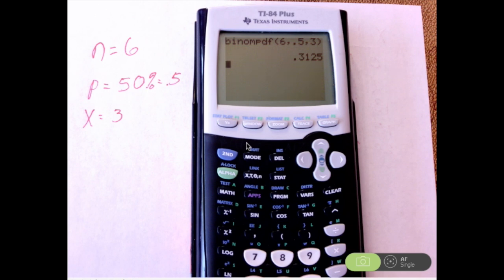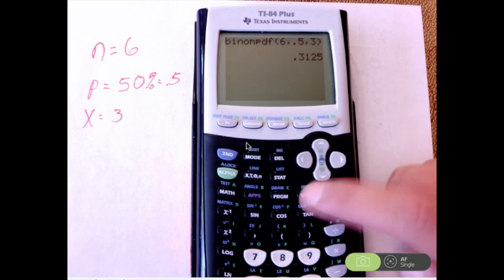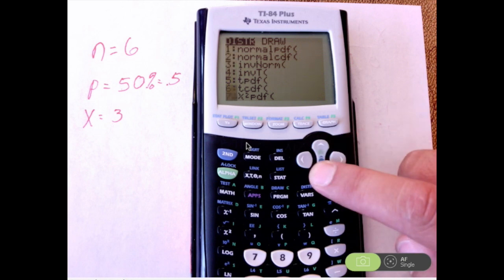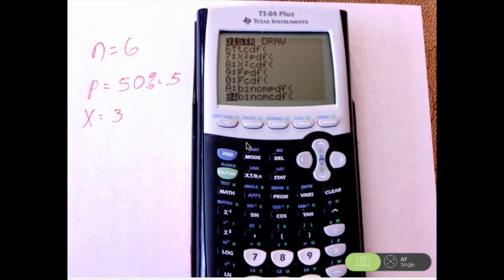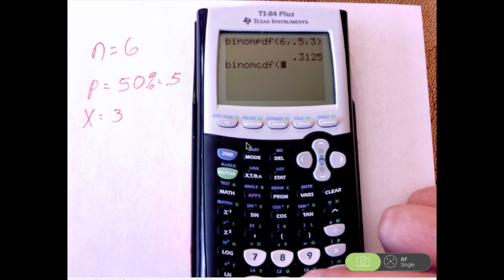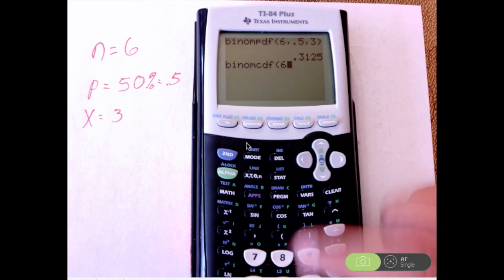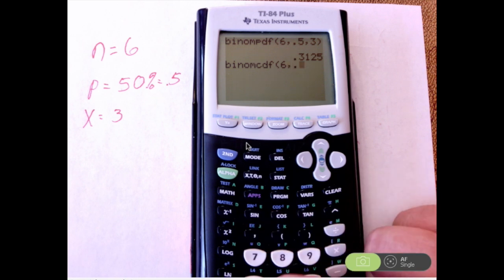Now we can also do something similar if we wanted to know what's the probability of getting up to 3 heads. So in this case we're not looking at just 3, we want to look at the probabilities of 0 heads, 1 head, 2 heads, or 3 heads. So again, we go back to our distribution. We're going to arrow down, but since we're looking for a cumulative distribution this time, we are going to go to the CDF. Again, we do the same order: the number of trials, comma, the probability of success, and our last number that we want up to.